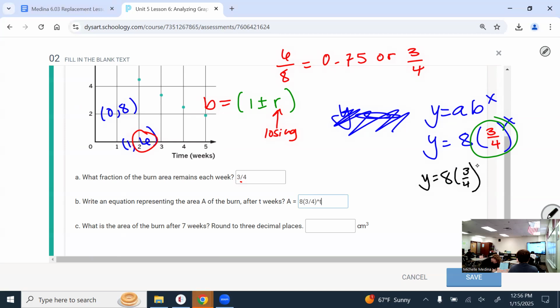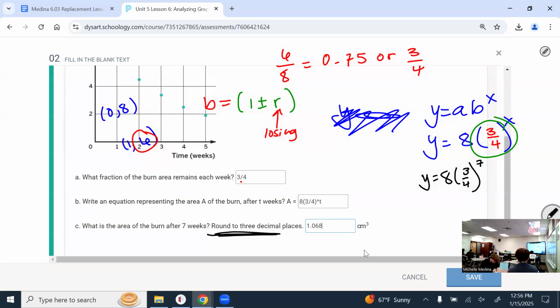And to avoid having to split my screen, I'm just going to use my handheld calculator. So 8 times 3/4 to the 7th power. If you typed it in correctly, and you rounded it correctly to 3 decimal spots, it would be 1.068, according to what my calculator says.